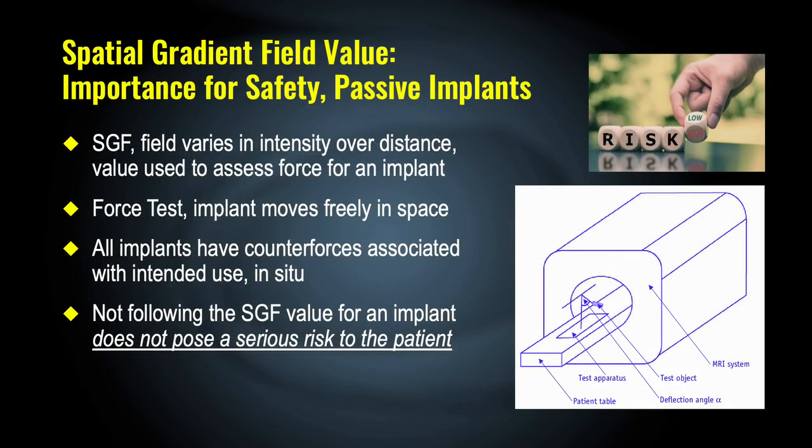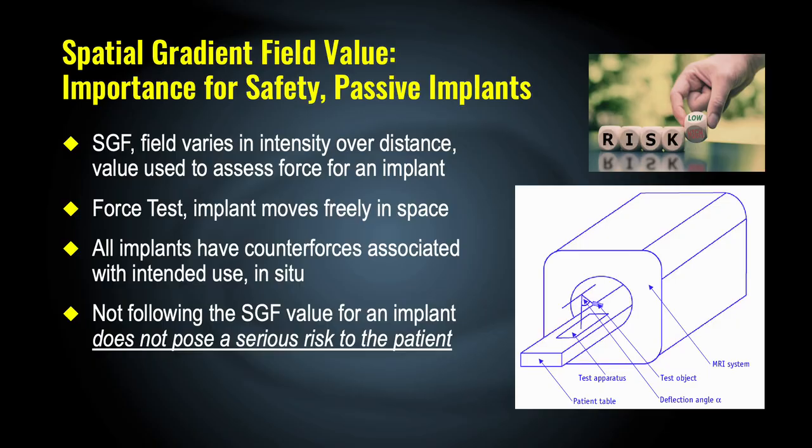Regarding the spatial gradient magnetic field information presented in a passive implant's labeling and its importance related to patient safety, here are some important points to consider. The spatial gradient field describes how the intensity of the magnetic field changes over distance. The deflection angle test is used to evaluate force acting on the implant.